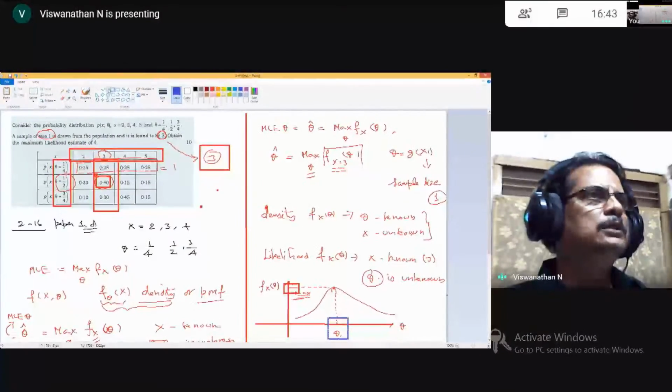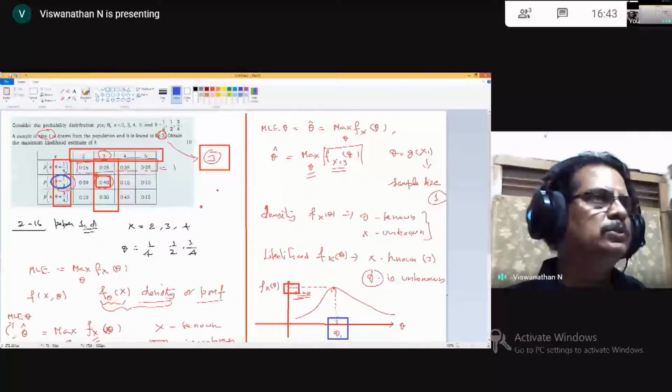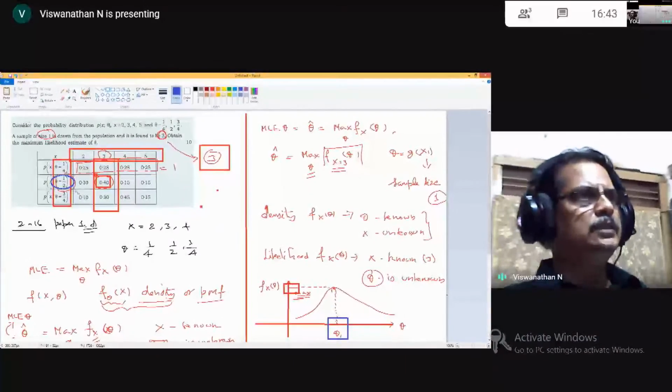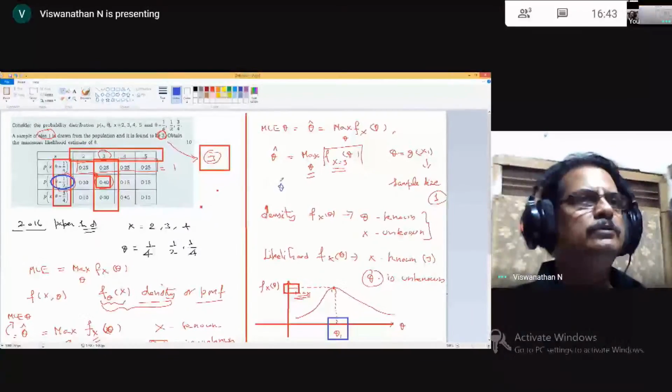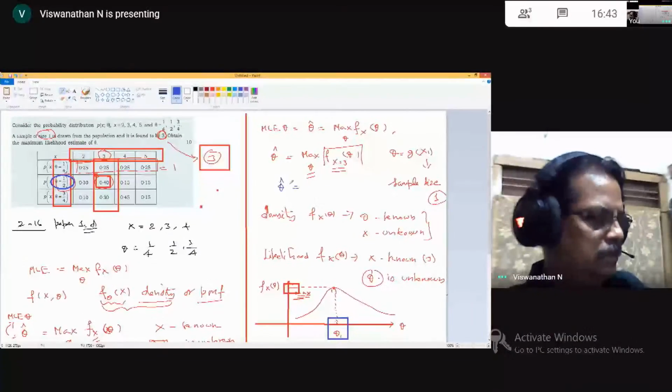That value is theta equal to 1 by 2. At theta equal to 1 by 2, it gets maximized. So now my maximum likelihood estimator of theta, which is theta hat, is equal to, I will put it there.